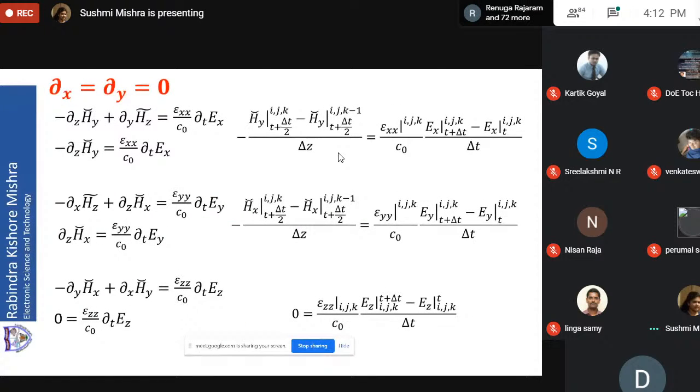Okay. Now, once that is over, we can find out the time derivative of E. That we did for the time derivative of H. Now let us do it for the time derivative of E. Similar procedure, similar equation.